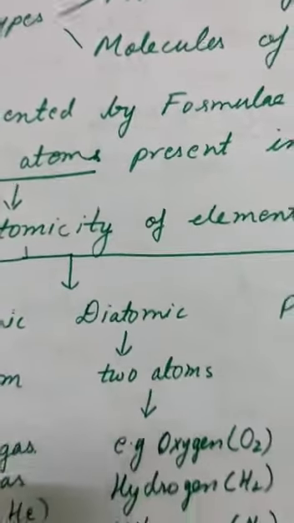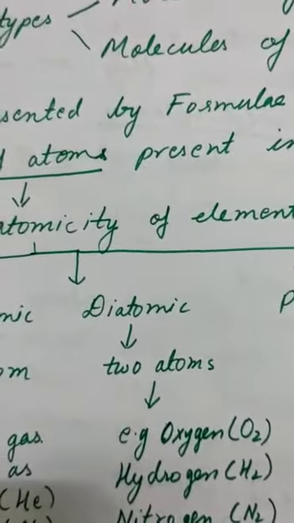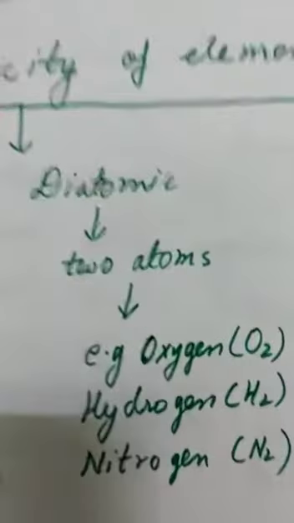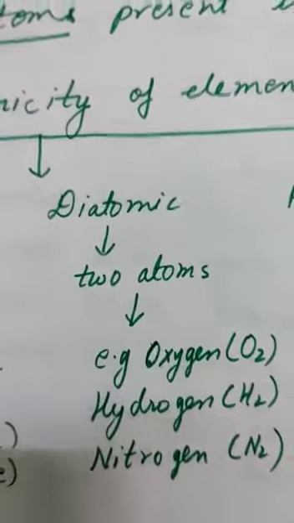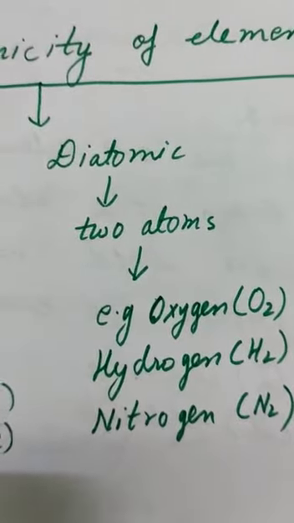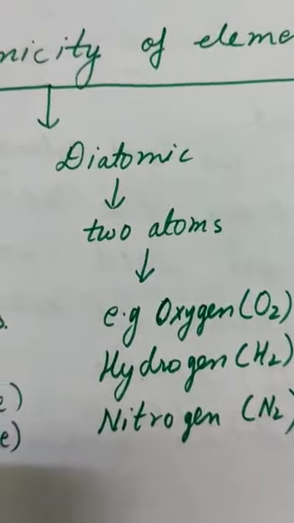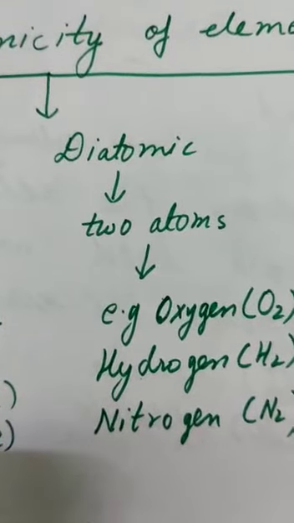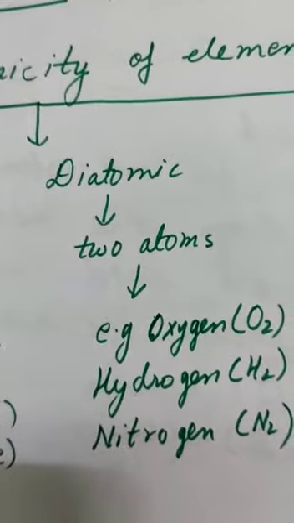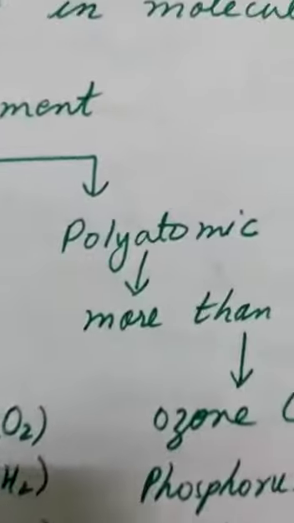So molecules containing two atoms are known as diatomic molecules. For example, oxygen, hydrogen and nitrogen. Oxygen molecule contains two atoms of oxygen, hydrogen contains two atoms of hydrogen and nitrogen contains two atoms of nitrogen.